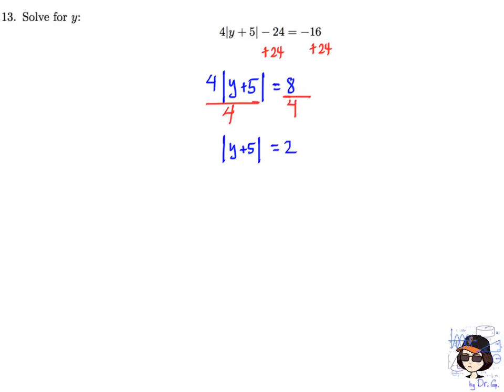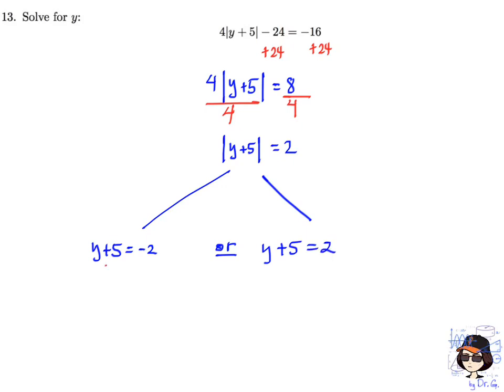And now there's two possibilities, right? When the absolute value of a number equals 2, that means that number could be 2 or it could be negative 2. There's two possibilities. So when we take away the absolute value, we've got two situations. Y plus 5 is negative 2, or y plus 5 is positive 2.